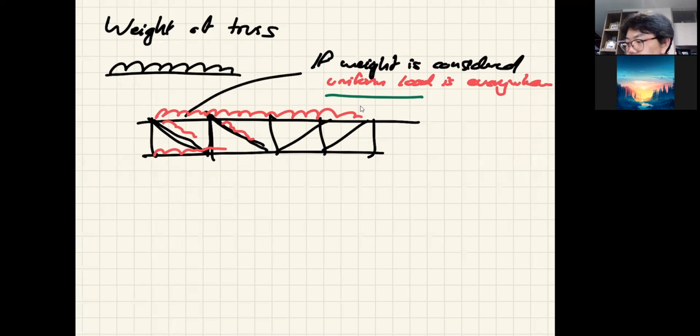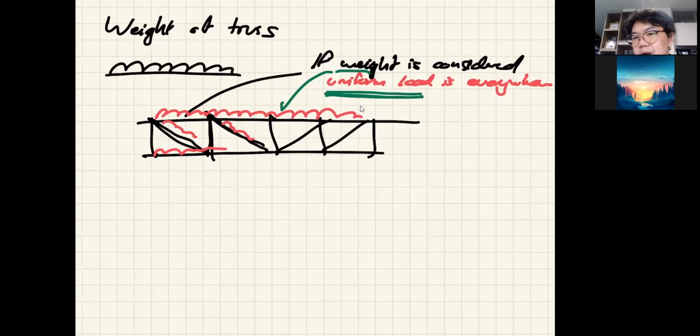So if you don't know that the program has the uniform weight option, and you run the analysis, and you look at the results, oh goodness me, how come my truss members have bending moment? You would know that the bending moment comes from the fact that the weight of the truss has been included in the analysis.